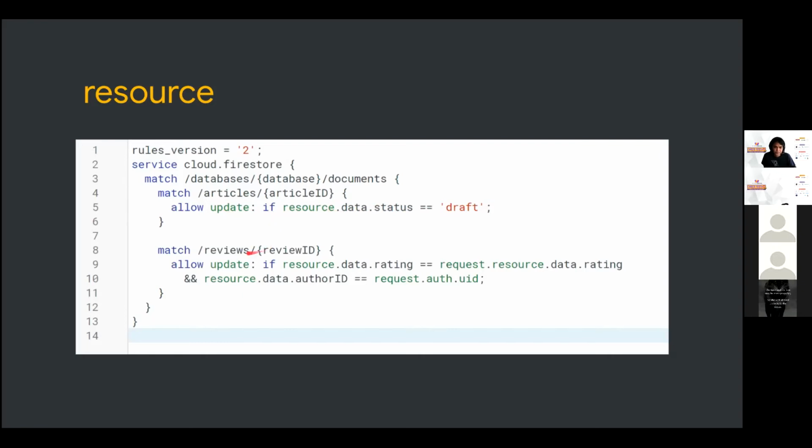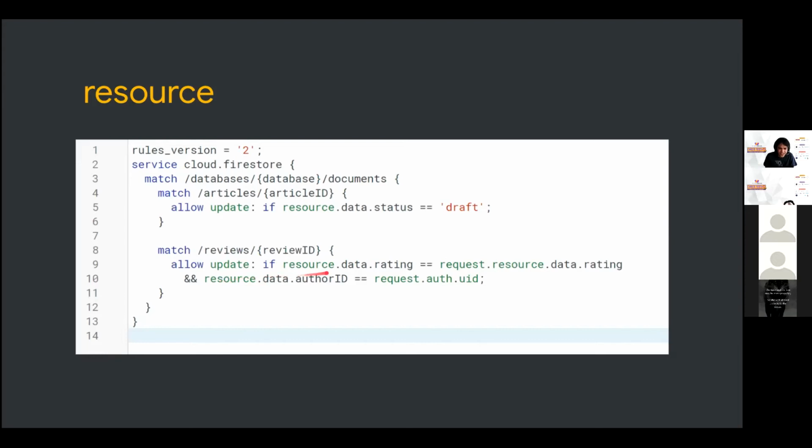Otherwise, we don't. We can also combine this with request.resource or other information we can get from the incoming request. So we can do things like a review can be edited, but only the user who wrote the review can edit that review. We don't want other people editing our reviews, right?